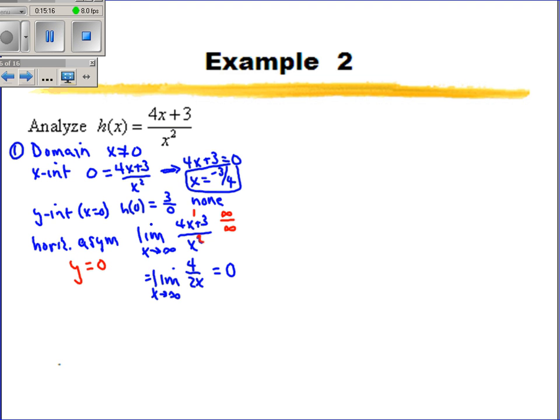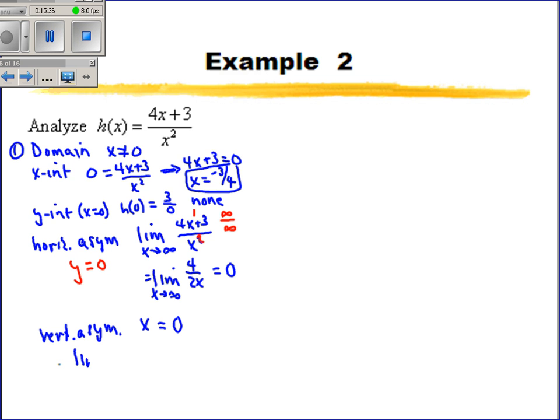Vertical asymptote. Now we know, because x can't be 0 here, and it doesn't reduce, that x equals 0 is going to be a vertical asymptote, but what we want to do is see what is happening on both sides of x equal to 0.